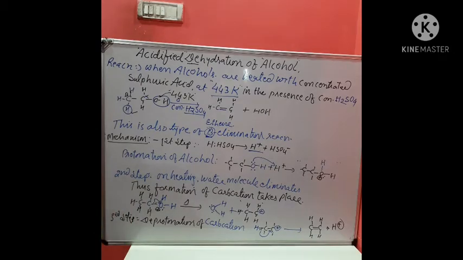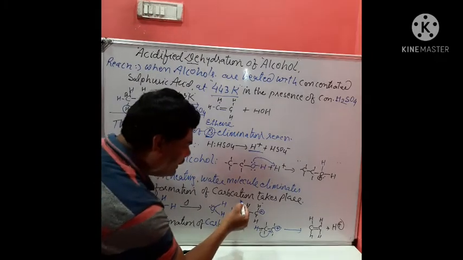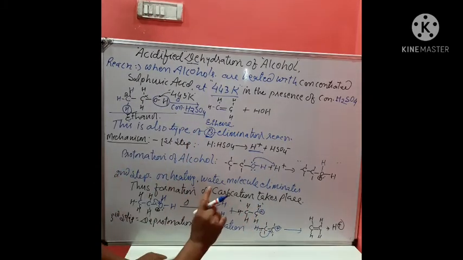If I start the reaction from ethanol, this is specified. The mechanism is also explained using ethanol. Therefore, there is no other option. Only one carbocation can form. This is a primary carbocation.